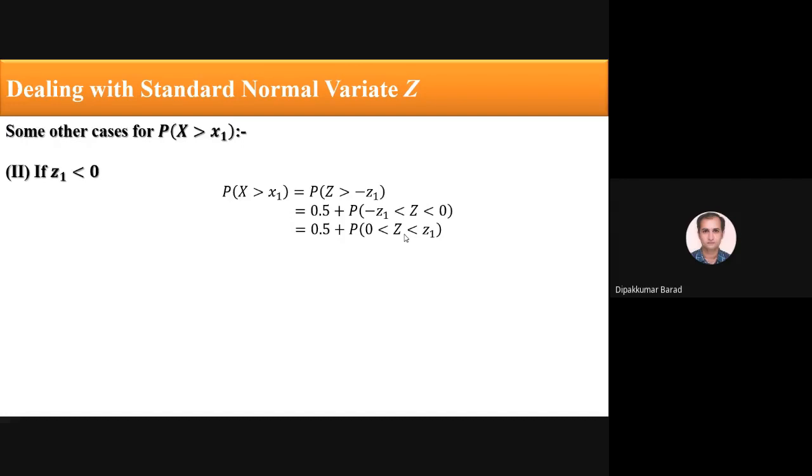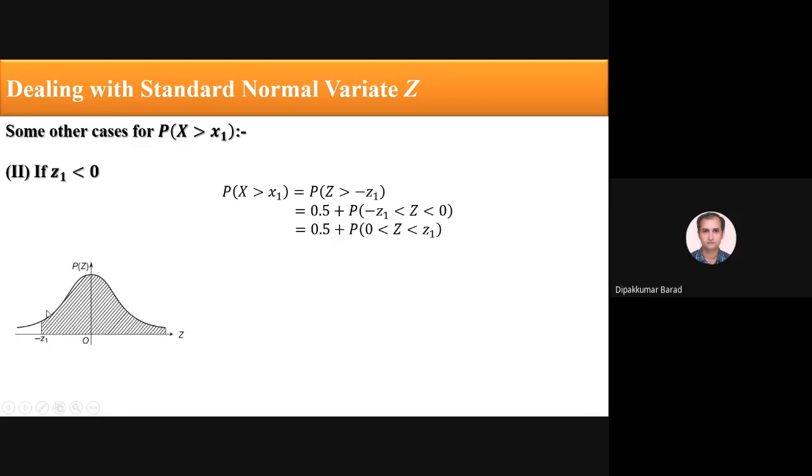Now if Z1 is less than 0, then we want P of Z greater than or equal to minus Z1. Z1 less than 0 means somewhere here, and we want to find the area of all this. We already know the right-hand side of the y-axis has area 0.5.